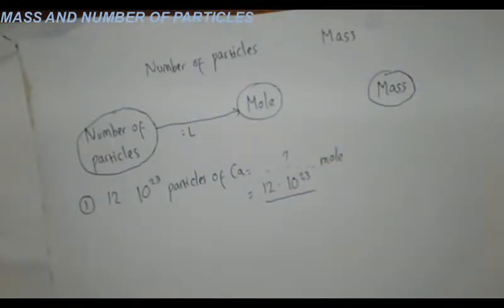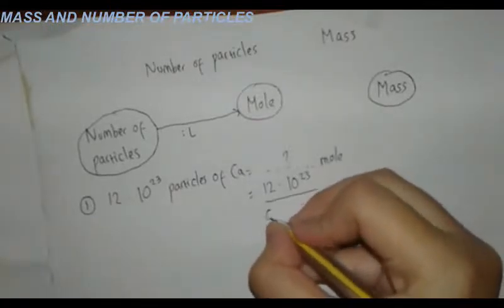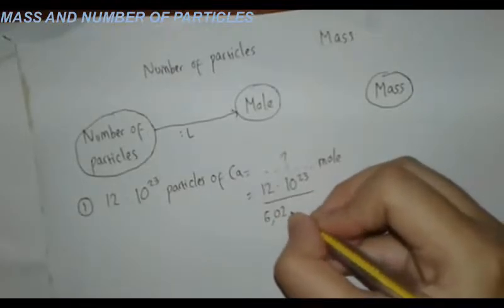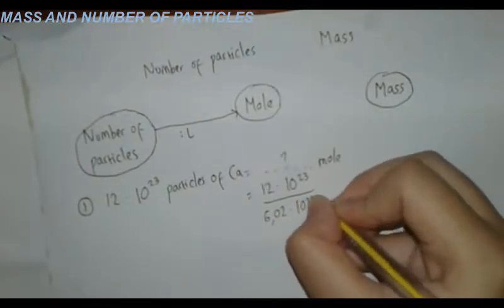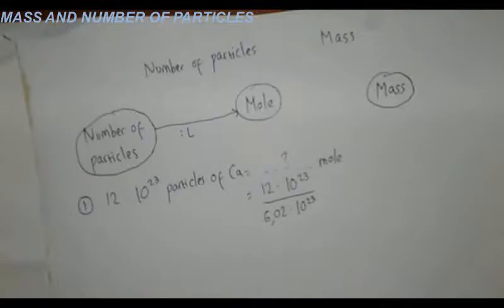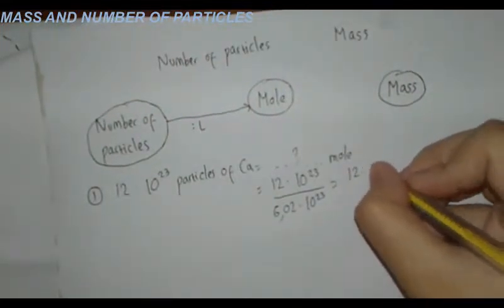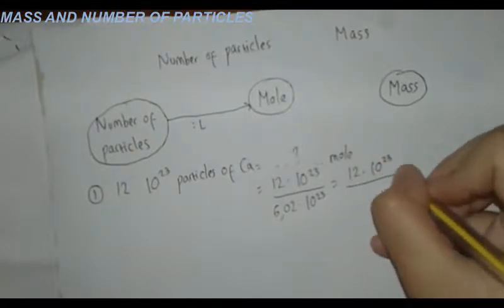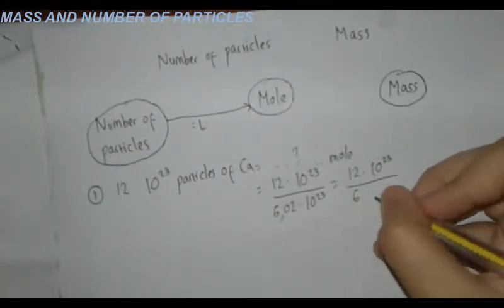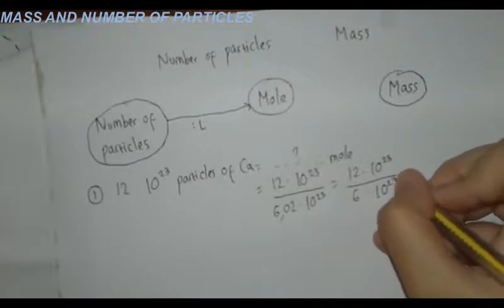Do you remember the number of Avogadro? Its value is 6.02 multiplied by 10 to the power of 23. But this time, because 12 is a multiple of 6, we can just round up, so 12 multiplied by 10 to the power of 23 divided by 6 multiplied by 10 to the power of 23.